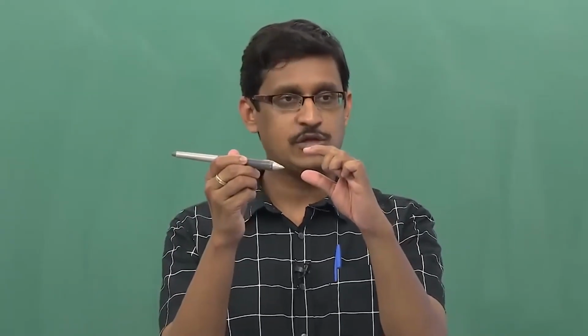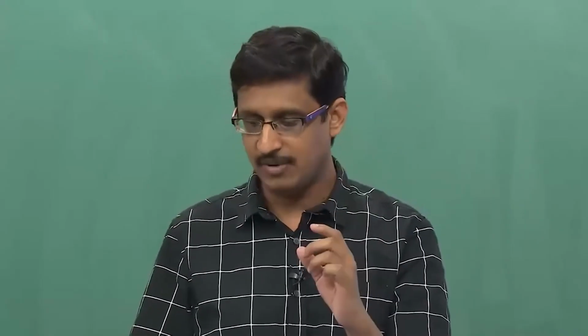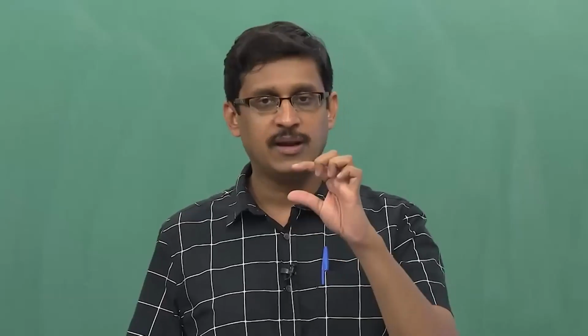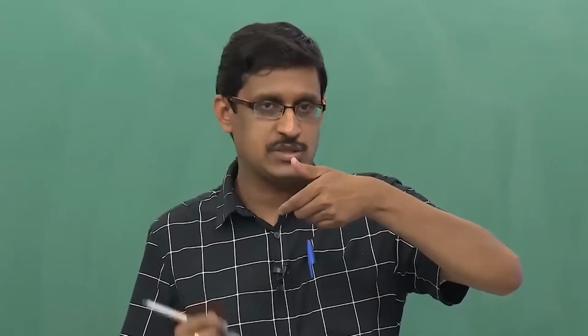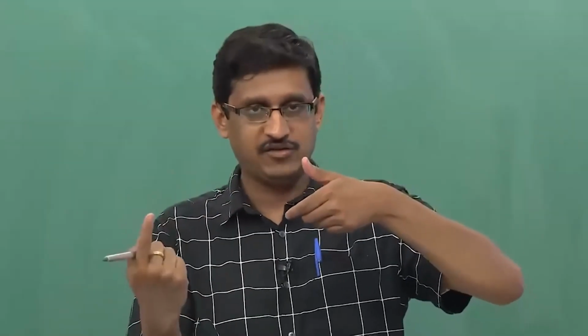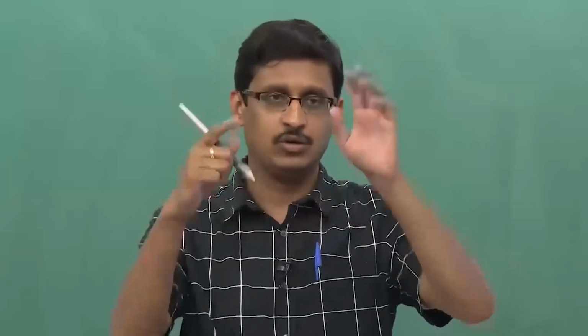If the bit value is +1, I generate a positive rectangular pulse of maybe amplitude 1 and then send it out. If the bit happens to be 0, then I have to invert this pulse because 0 is represented by -1. So, that is the net result. I take -1 and multiply it to a positive rectangular pulse, I get a negative amplitude pulse and I send it out as it is.